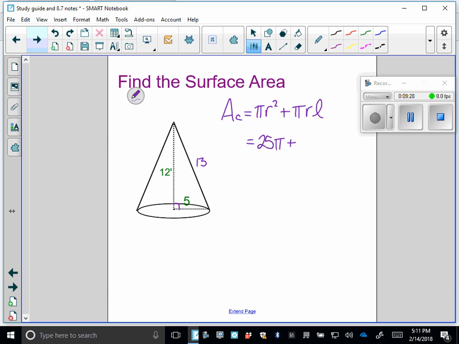So we have pi times the radius of 5 times 13, that's 25 pi plus 65 pi, which is 90 pi. And this would be squared units. That's the cone area.